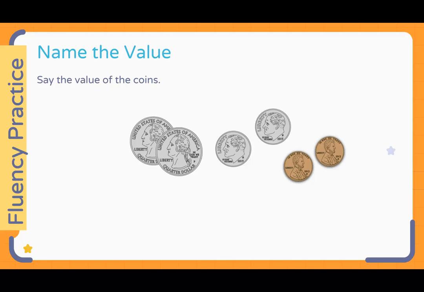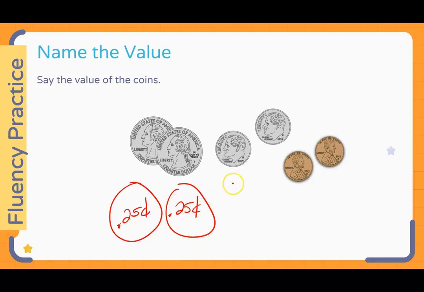Okay, this time I want you to draw these in your journal, label them, total them. We'll do one together. So I would draw 2 and I would put 25 cents in each one. I would draw a smaller one, 10 cents, and another one, 10 cents, 1 cent, 1 cent.